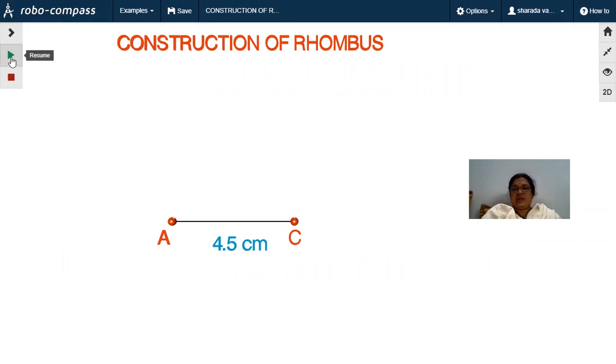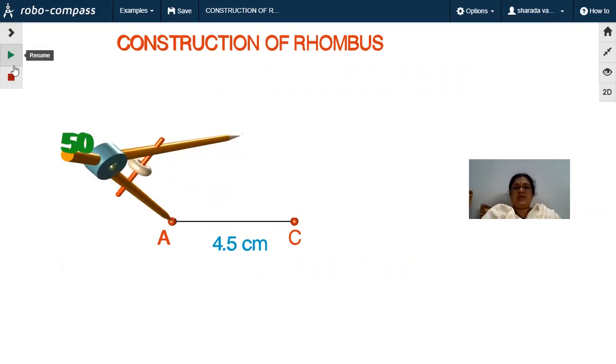They bisect perpendicularly. So for this line segment AC, we have to draw a perpendicular bisector. The length of the line segment is 4.5 centimeters, so half of it will be 2.25.